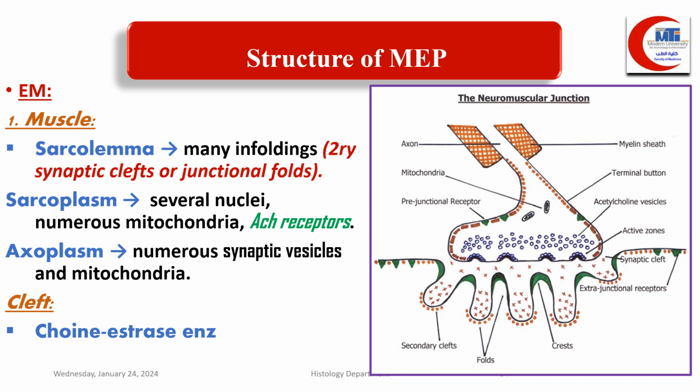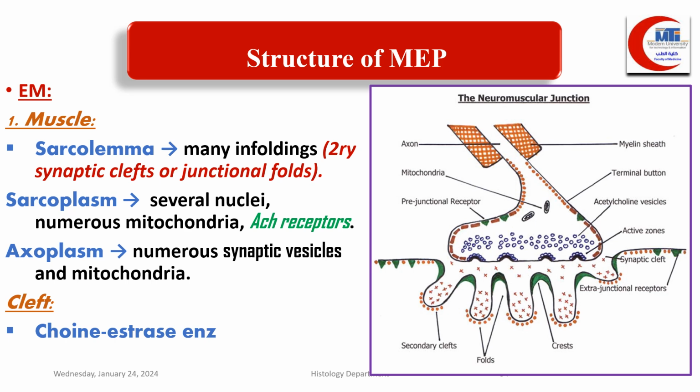What about the EM? What can be found in the electron microscopic structure of the motor end plate? Here on the right side in this diagram we can see that the axon was covered by a myelin sheath, which is orange in color.